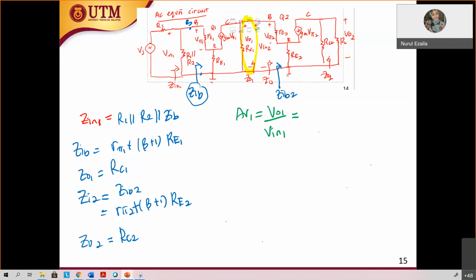What is the total resistor there? RC1. Only RC1? RC1 parallel with Z in 2, or Z in B2.